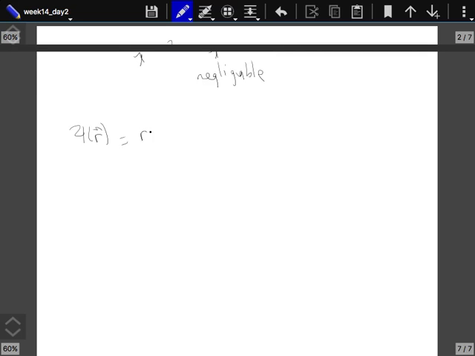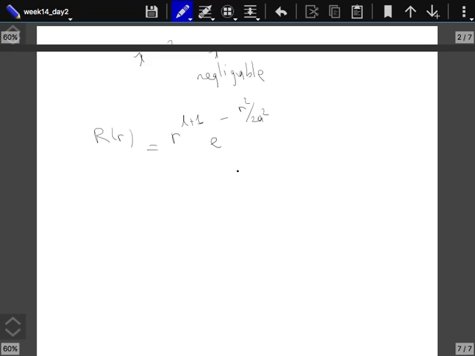Psi of r is equal to the radial function over r. The radial function looks like r to the power l plus 1 times e to the power minus r squared over 2a squared.